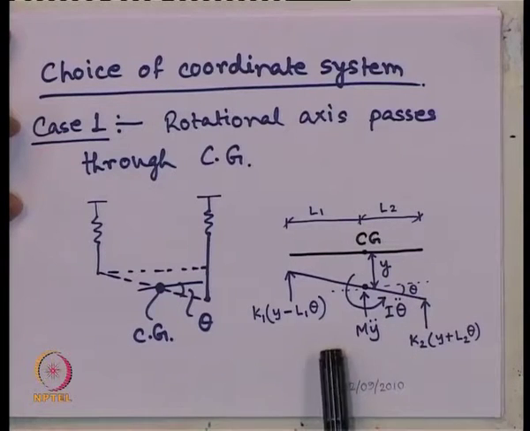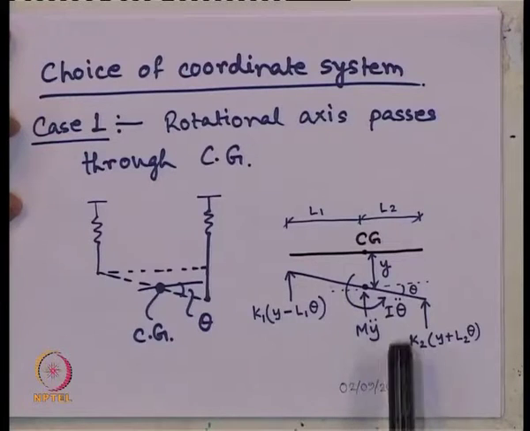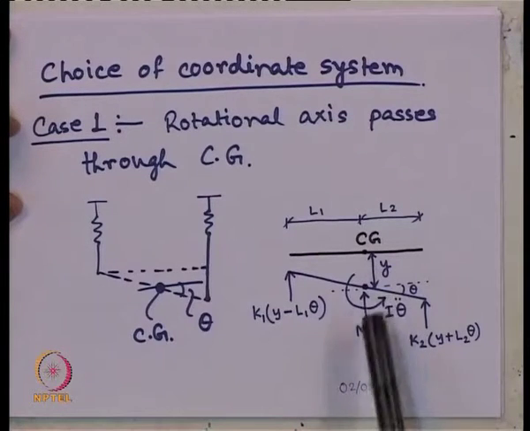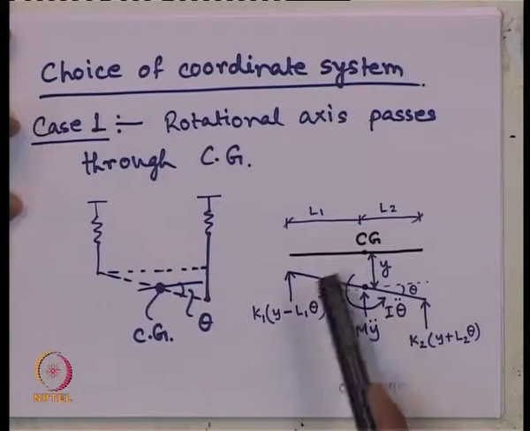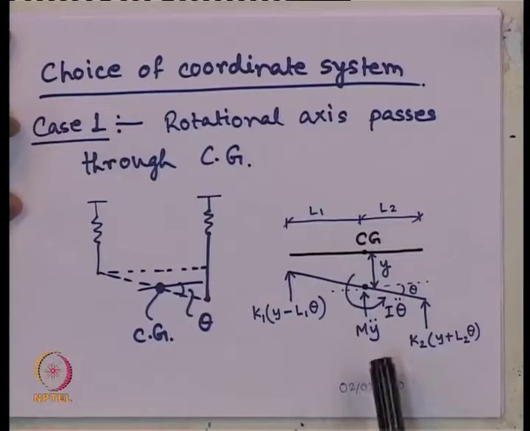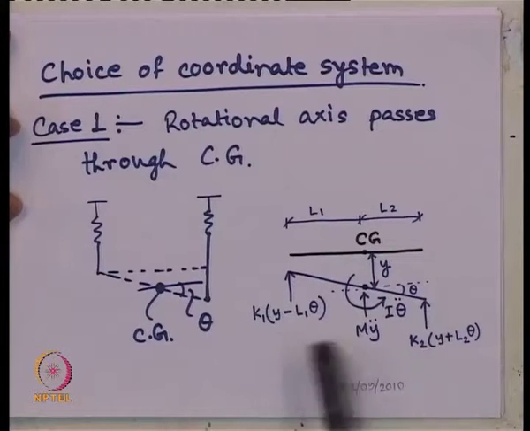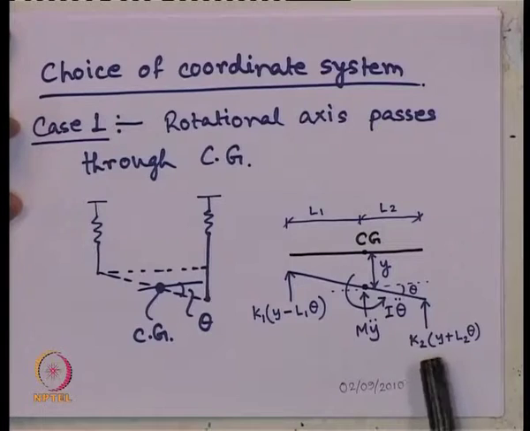So, the corresponding forces acting on the beam are the inertia force m y double dot, because of the vertical displacement the corresponding acceleration is y double dot. So, inertia force is m y double dot, and because of rotation the rotational inertia force is I theta double dot. Okay? I is the moment of inertia of the beam, and because of the 2 springs connected to the 2 ends, what are the spring forces acting?